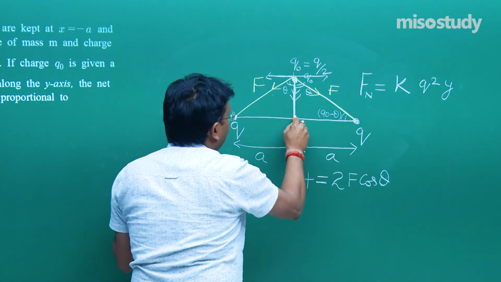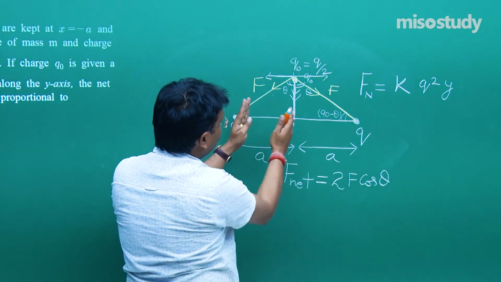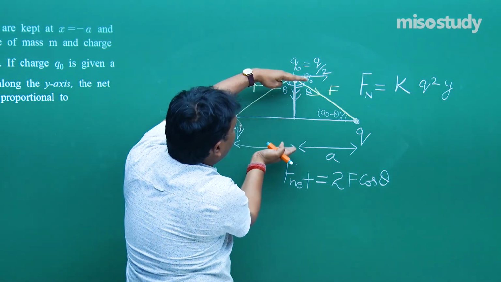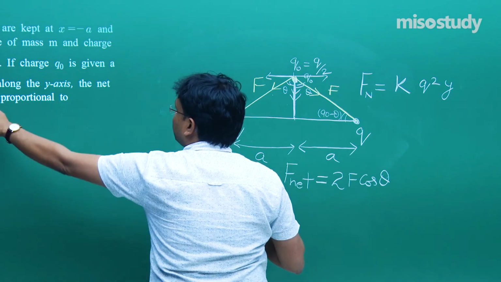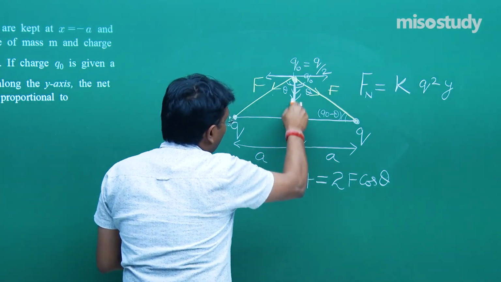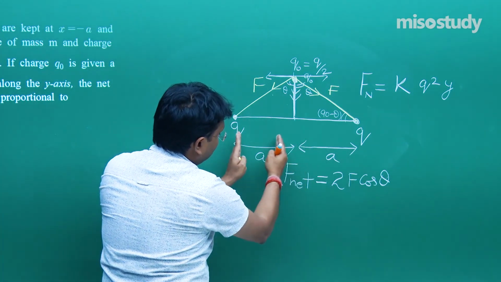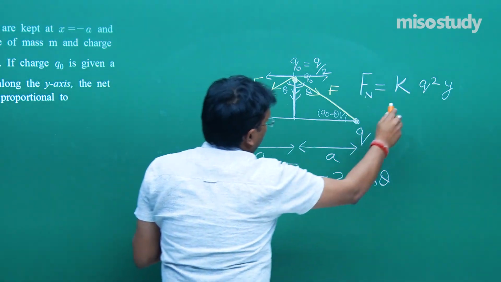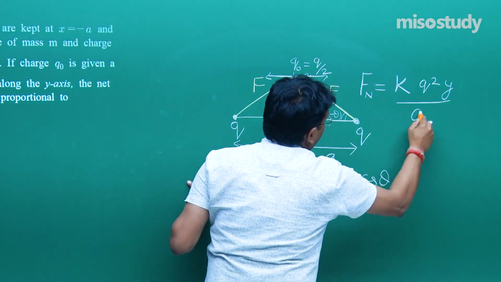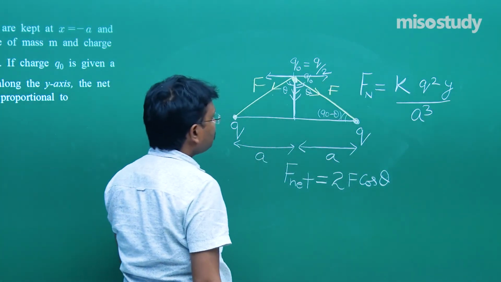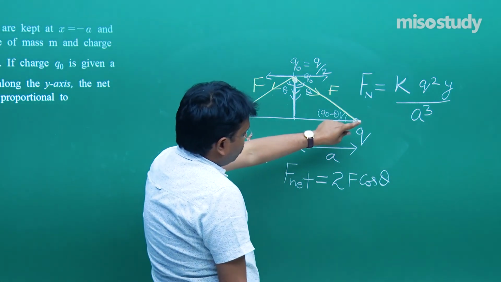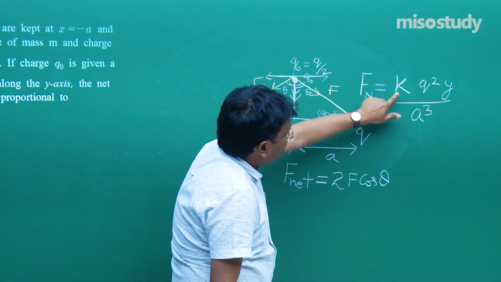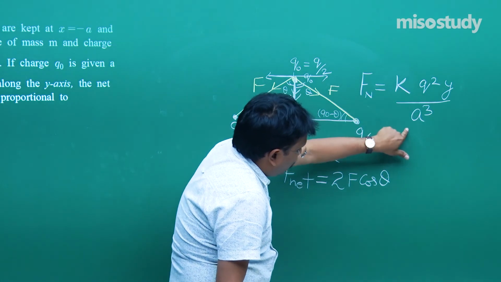And in the diagram, just to show you the clarity, I said this is going to be like this. Otherwise, it is given in the problem, this Y is very, very less than this A. Fine. Upon A cube. So from here what you can say? You can say k q square y upon a cube.